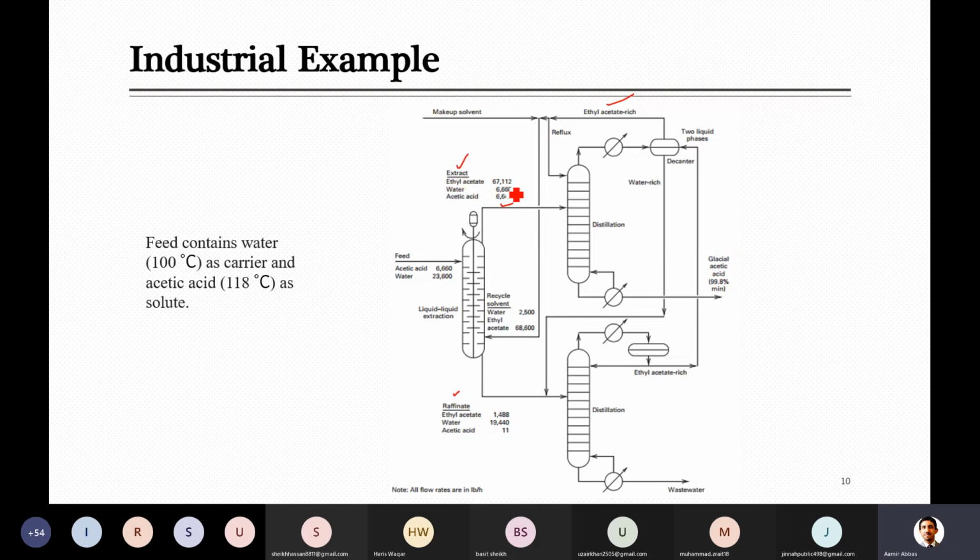As well, there is some amount of acetic acid, and water is also transferred toward this, but still a very large amount of water is leaving from the bottom of the column. So you can see that they are not perfectly separated, even when you give them time for settling. Still a sufficient amount of ethyl acetate is also leaving with the raffinate from the bottom, while acetic acid is majorly removed from water towards the ethyl acetate, which is leaving from the top.